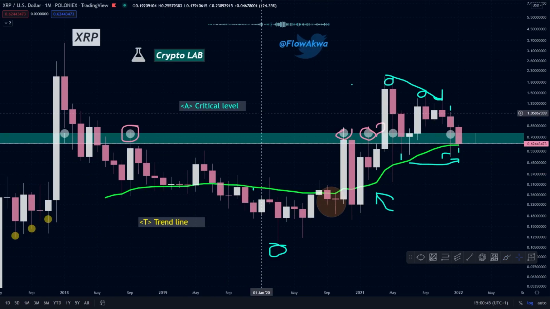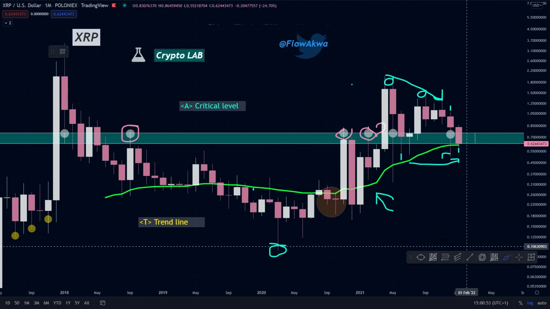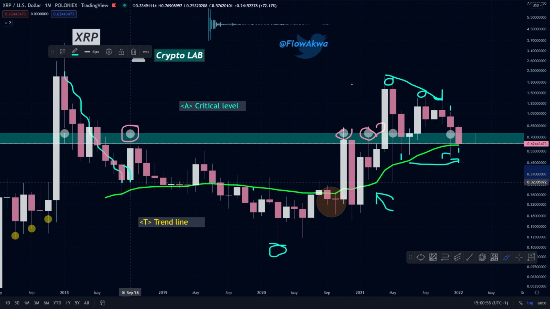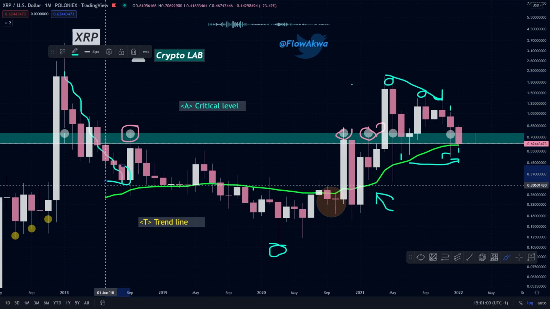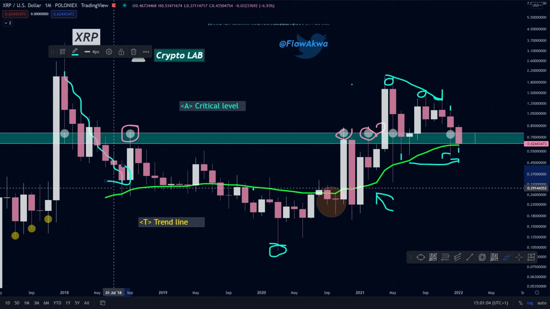And here you can see it even better. We are on the monthly time frame. And as you can see, during this first phase of the bear market, we went straight to the green line, which is the 33 monthly exponential moving average.